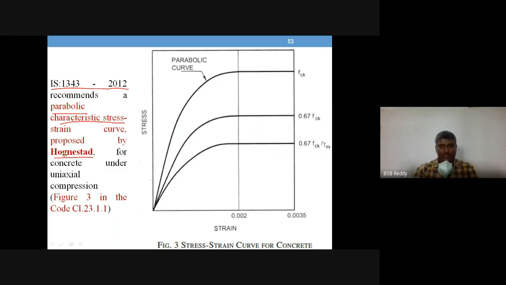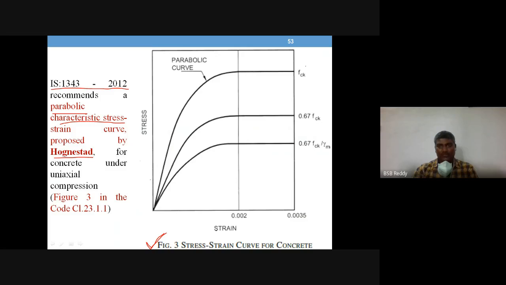Okay, so this curve you can see in the IS code, which is figure 3, the stress strain curve for concrete. Strain is on the x-axis and stress on the y-axis.